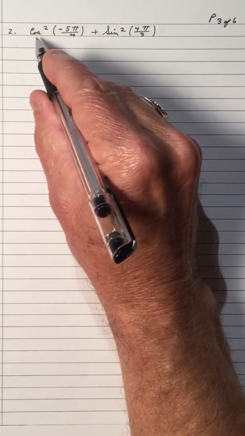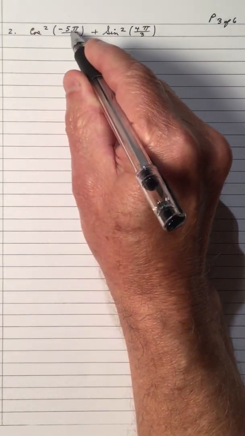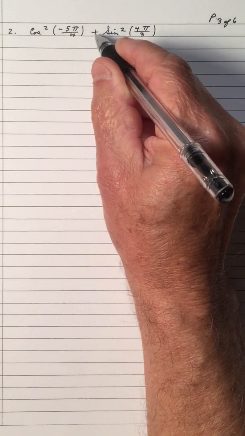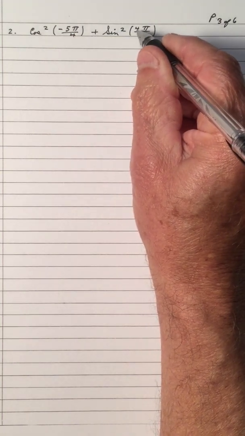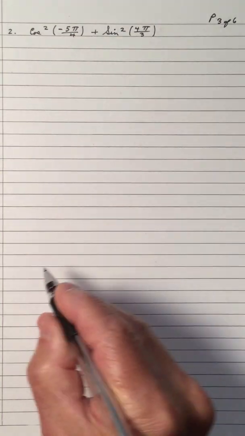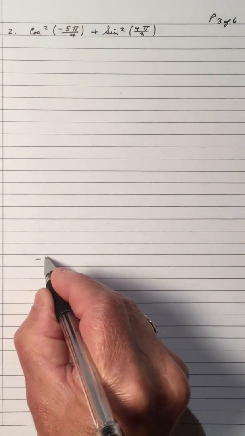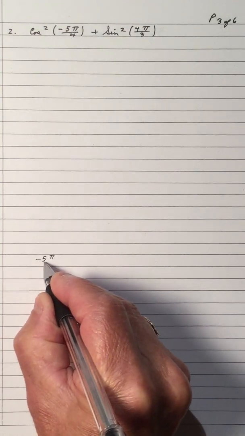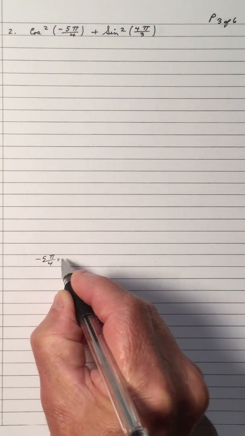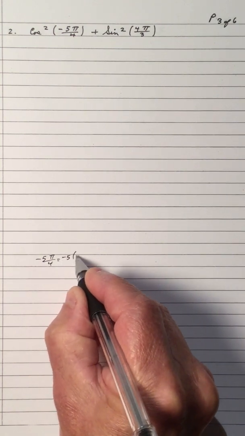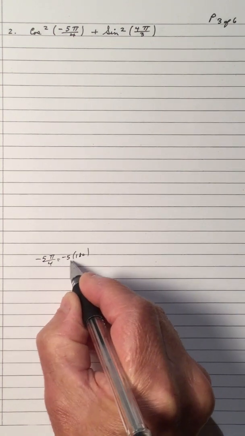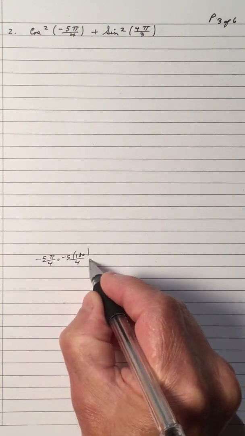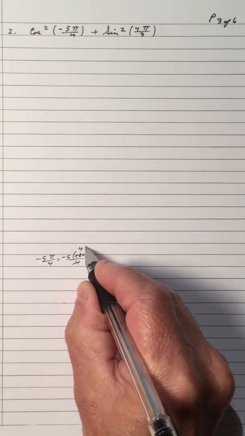So number 2, cos squared of negative 5 pi over 4 plus the sine squared of 4 pi over 3. So let's look at 5 pi over 4. So that's 5 times 180 in degrees, and 4 into 180 is 45.